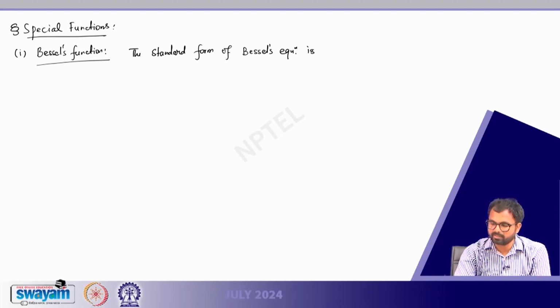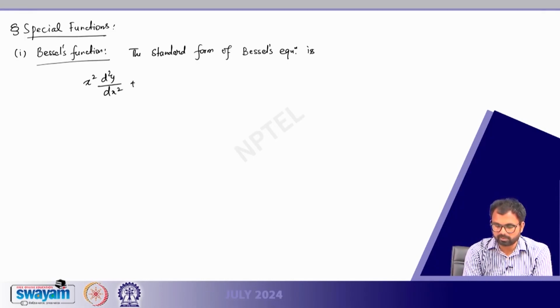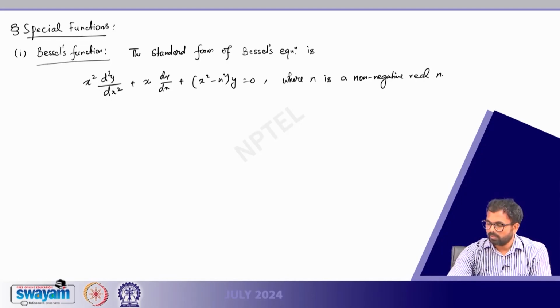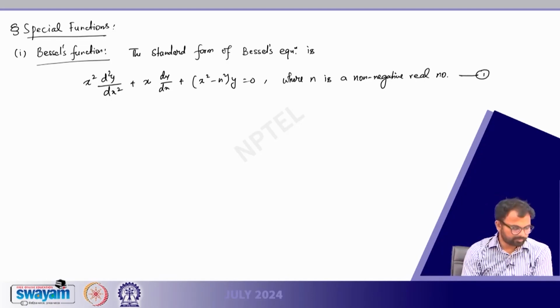Bessel's equation is x square d square y by dx square, or y double dash, whatever you would like to use, plus x dy dx plus (x square minus n square) y equals 0, where n is a non-negative real number, that means it can be 0 also. We can call this equation number 1.